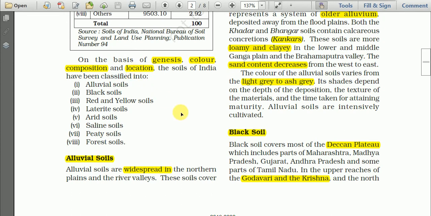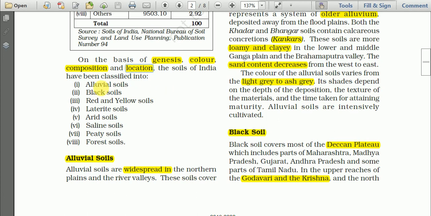Okay, so on the basis of genesis, that is origin, mode of origin, then color, composition and location, the soils of India have been classified into the following types. This is a simplified classification based on genesis, that is mode of origin, color of the soil, composition of the soil and location of the soil.